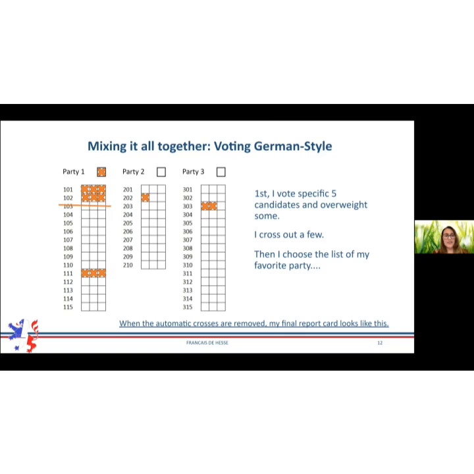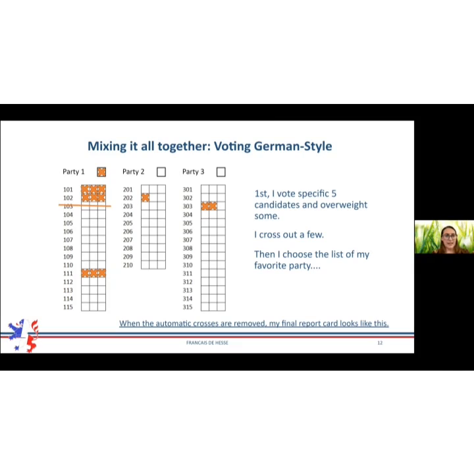And then you're a bit tired of allocating the 15 votes and you think finally party 1 is pretty much my party. So you give all the rest of your votes to party 1 by checking this checkbox. And of course there is the one you don't like, so you erase them from the list.